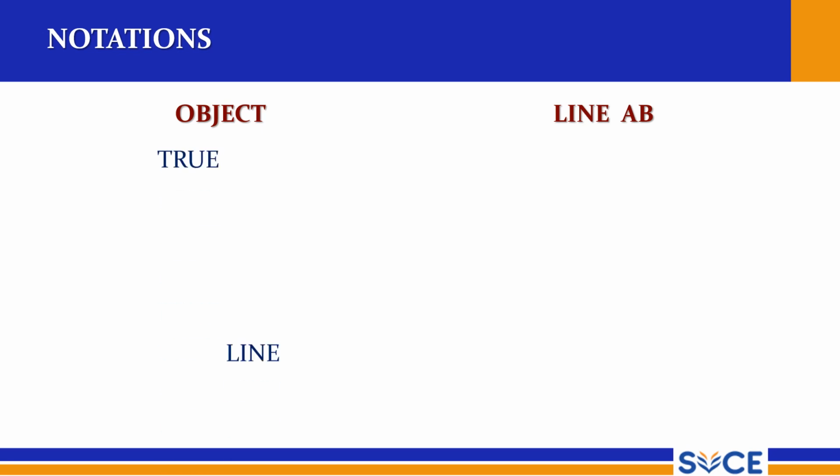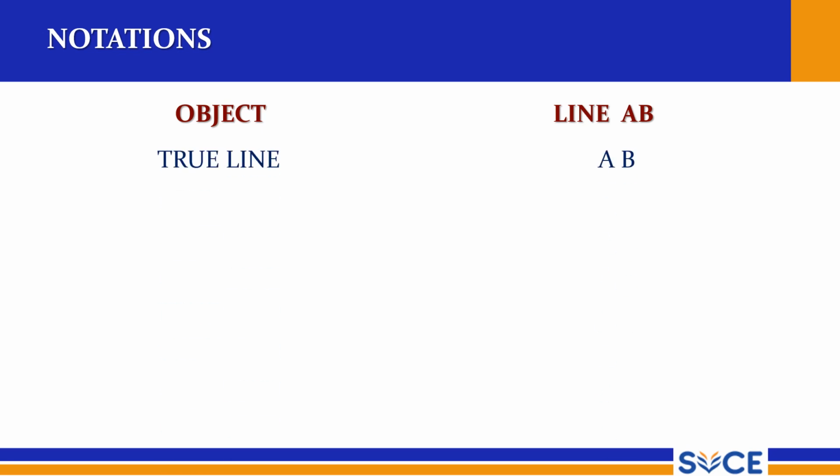Coming to notations, these are the notations we use. The line AB is the true line, the actual line in space, represented with capital letters AB.